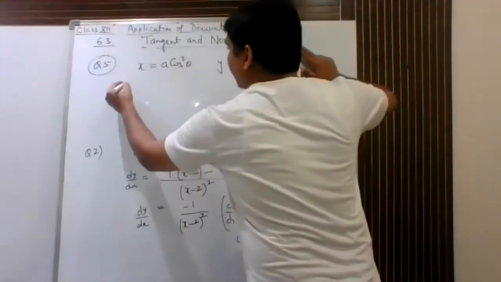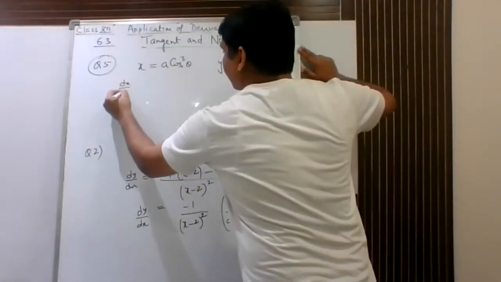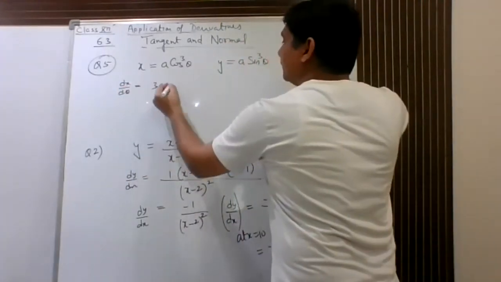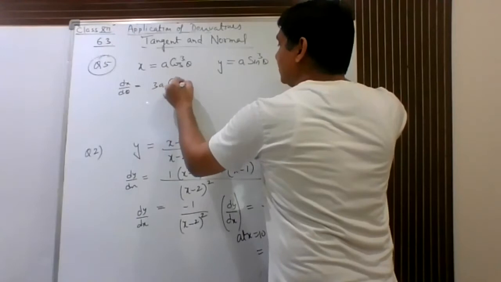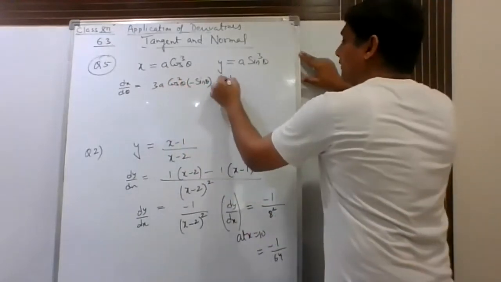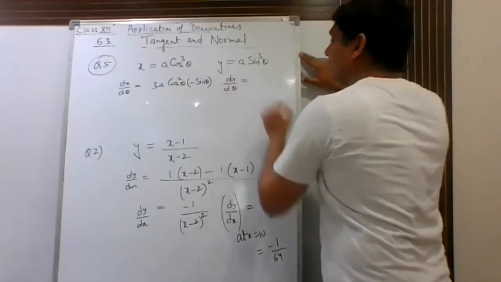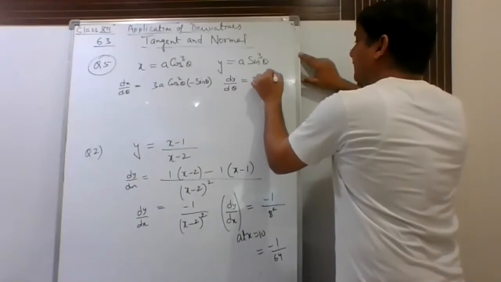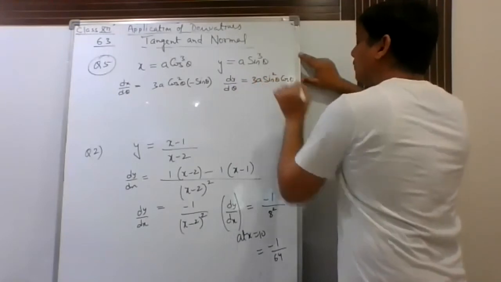When you do that, dx by d theta will be equal to 3a cos square theta into minus sine theta. Similarly, dy upon d theta will be 3a sine square theta cos theta.